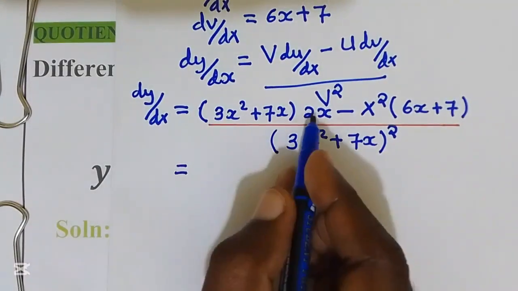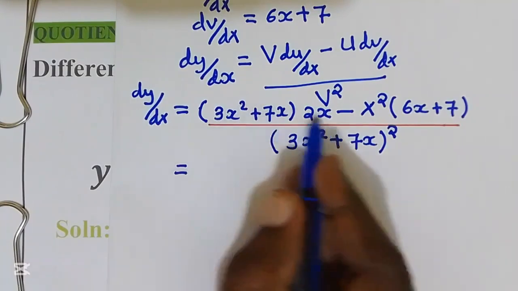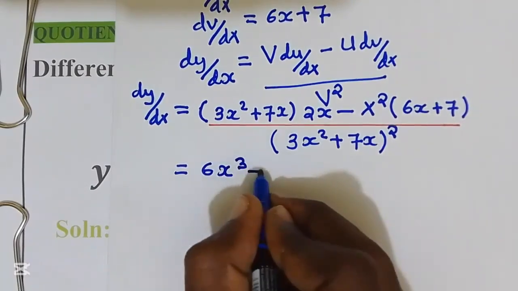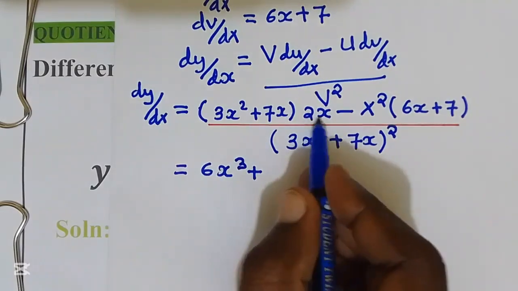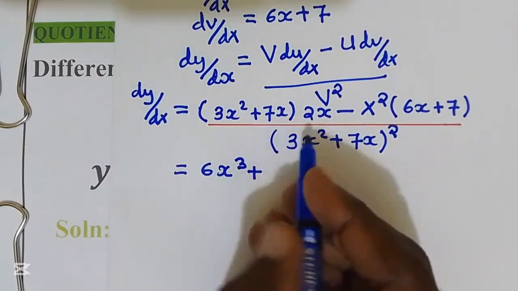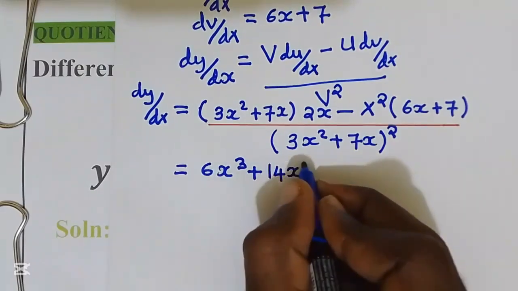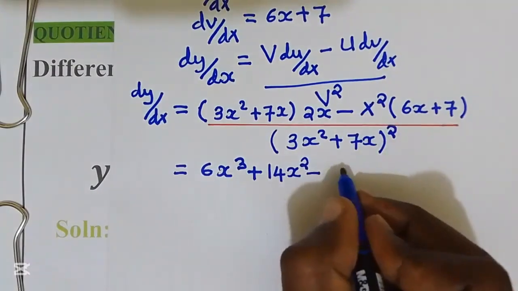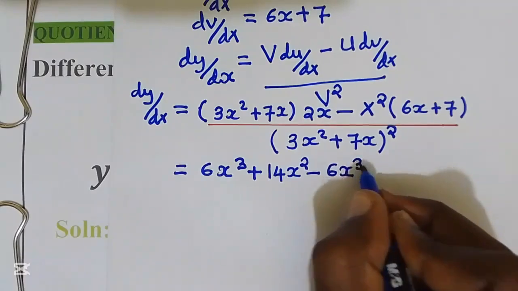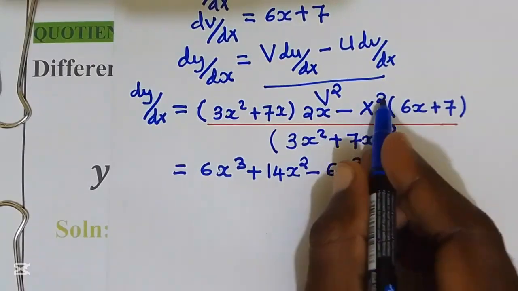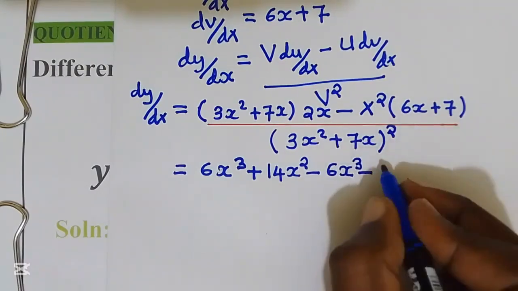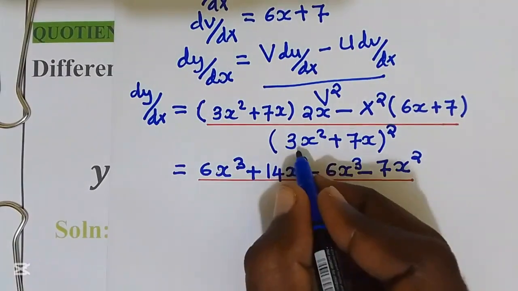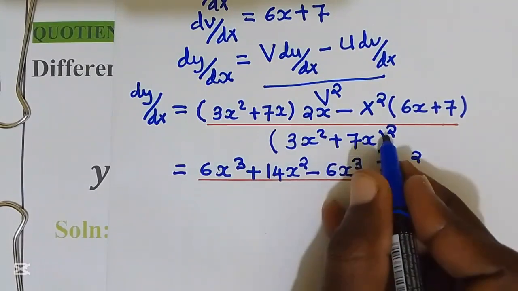That is, I'm going to open the bracket. 3x square multiplied by 2x, I'm going to get 6x cubic plus 2x multiplied by 7x, we get 14x square, minus x square multiplied by 6x, we are going to get 6x cubic, minus x square multiplied by 7x, we are going to get 7x square, over 3x square plus 7x square.